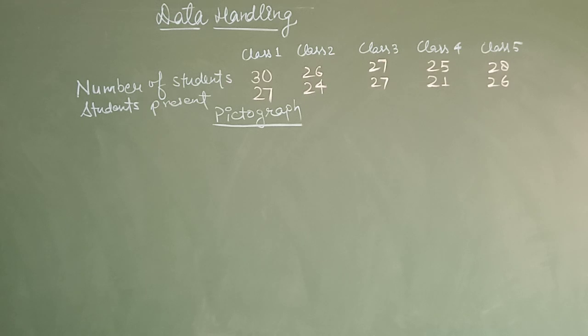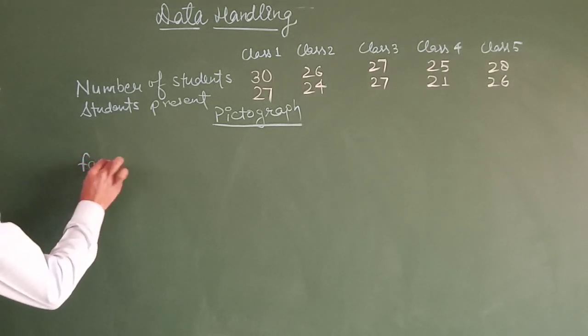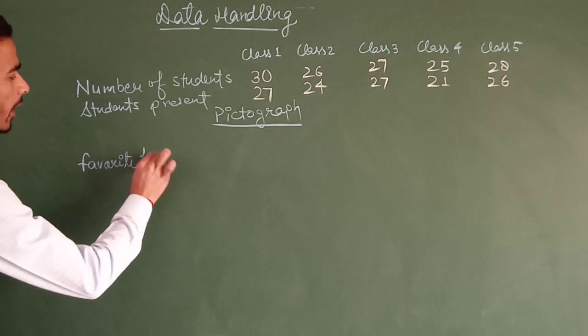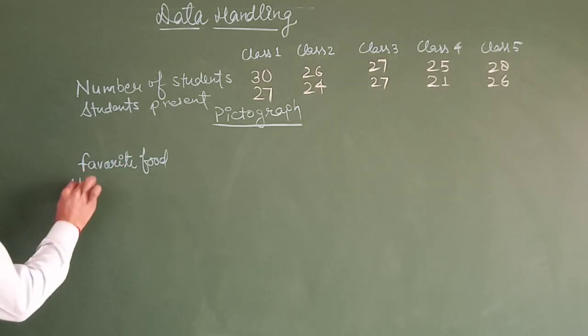Now there is an example given to show the pictogram: favorite food and number of students.